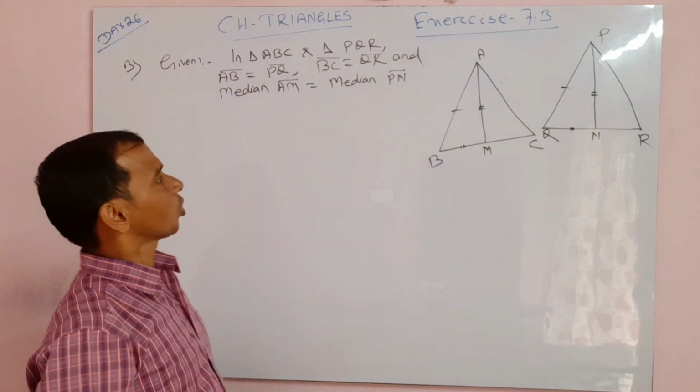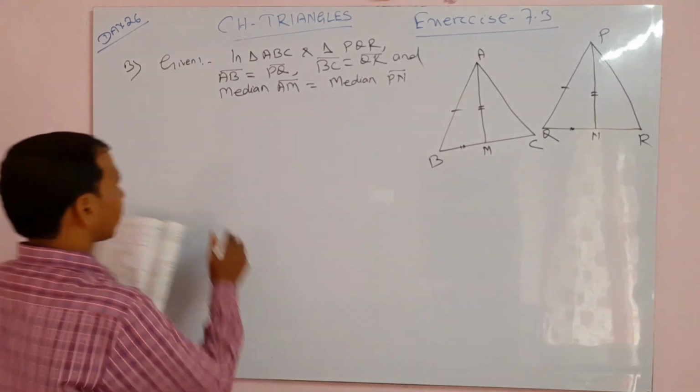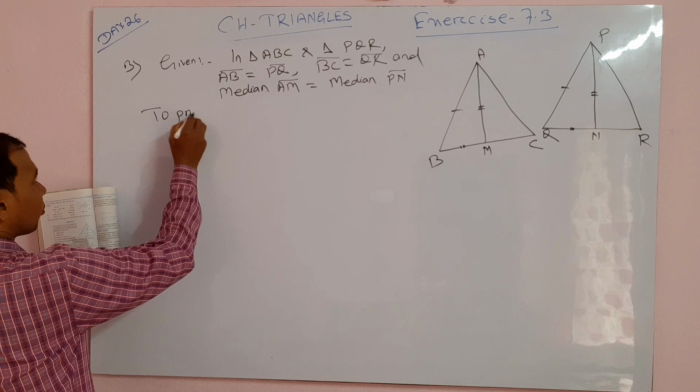Median AM is equal with median PN. Okay, given complete. Then to prove. Okay, then you write here to prove.